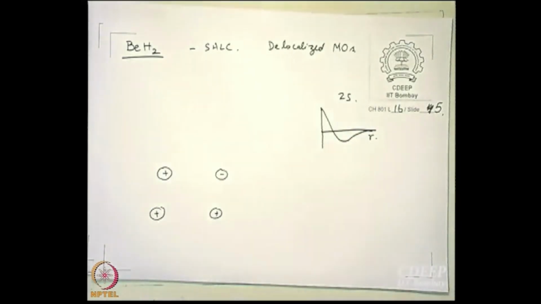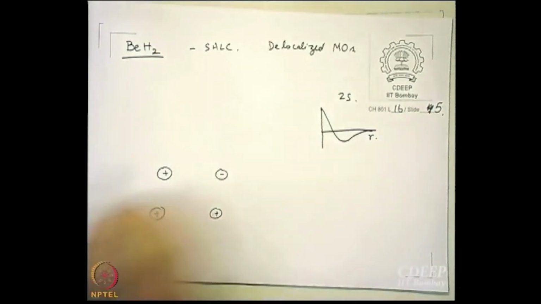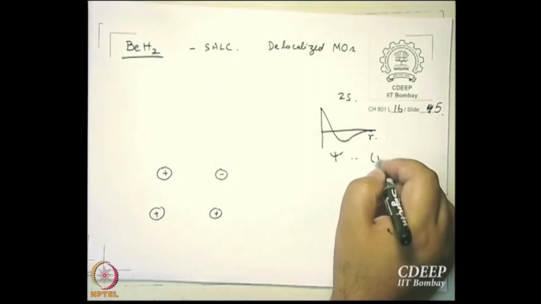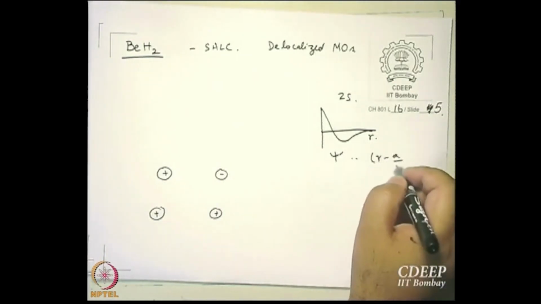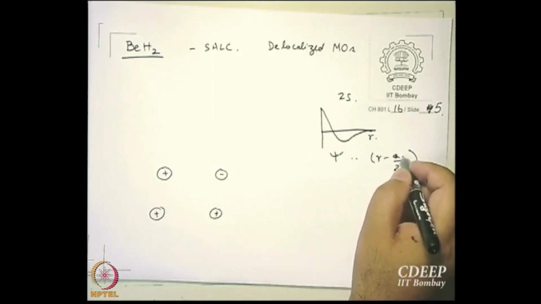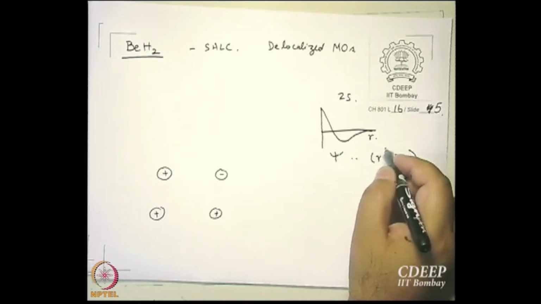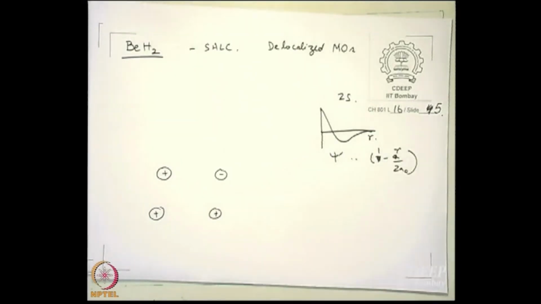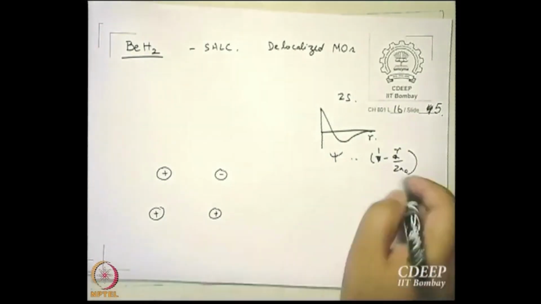Why does it look like this? Because in the expression for the wave function, there is something like 1 minus r by 2a0, right? Multiplied by whatever it is.